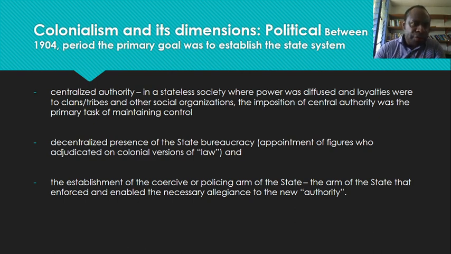So what did they do? One objective was to decentralize the presence of bureaucracy, with the appointment of figures who adjudicate on colonial versions of law. So you see the role of Luluais, Tultuls and patrol officers back in the 60s, or more or less the 50s and 40s, become important to execute decentralized authority.